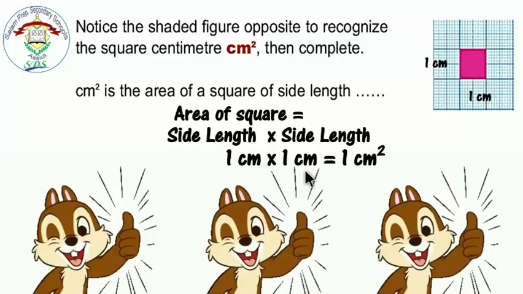Centimeter times centimeter. Please take care. Centimeter is repeated twice, so we will put square centimeter. Square centimeter means centimeter times centimeter. The centimeter is repeated twice. Okay?